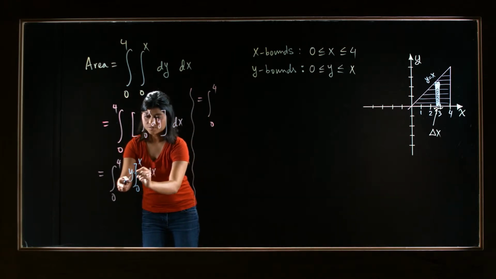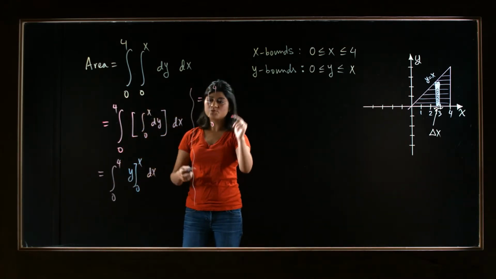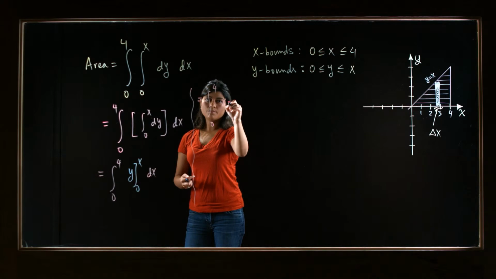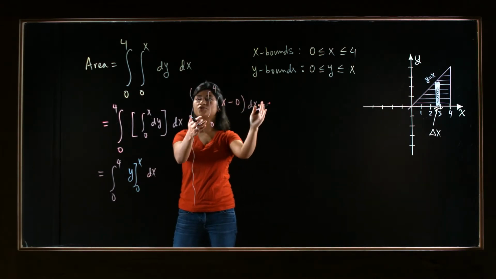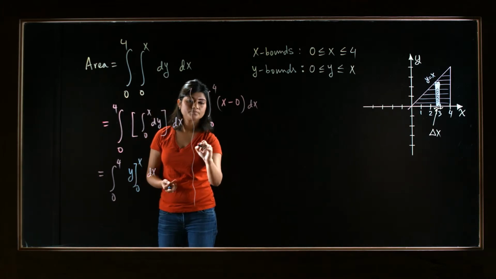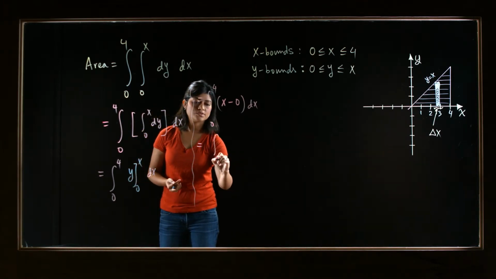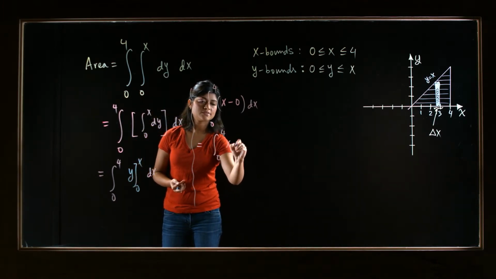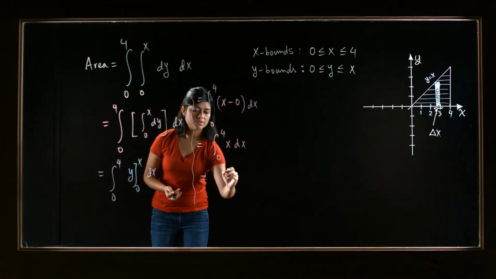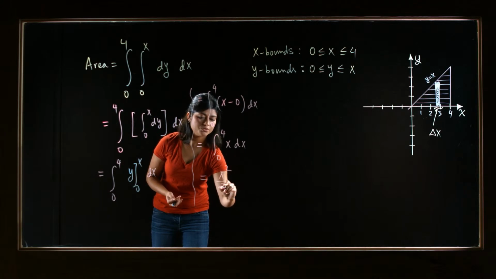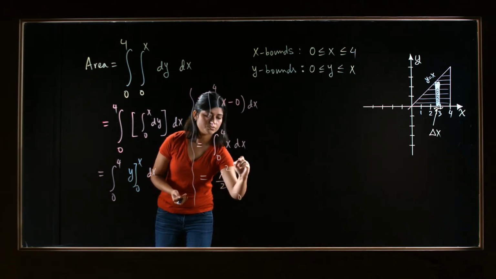So we have y, you just plug in x and plug in 0 and then subtract. So we have x minus 0 dx, and notice this is just a single integral, and this is the integral from 0 to 4 of x dx, and using power rule, this is x squared over 2 from 0 to 4.